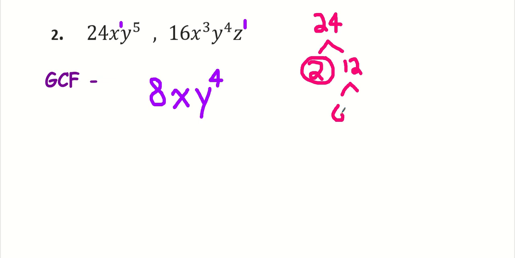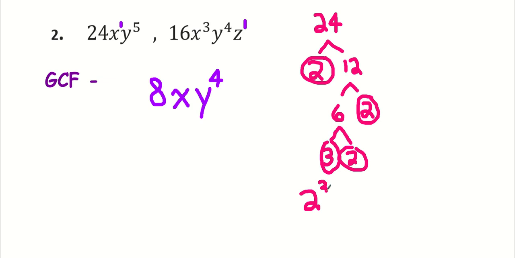And then we have 6 and 2. All right, so I think that's broken down right. So 24 is essentially 2 times 3 times 2 times 2. In other words, 2 to the 3rd power times 3 to the 1st power.